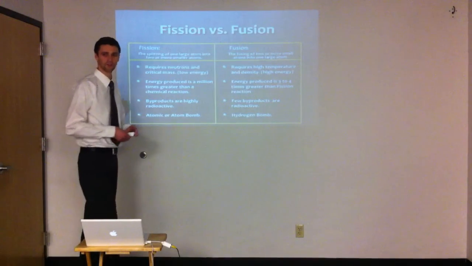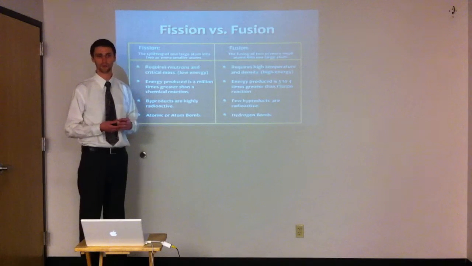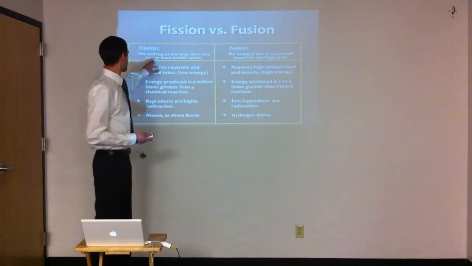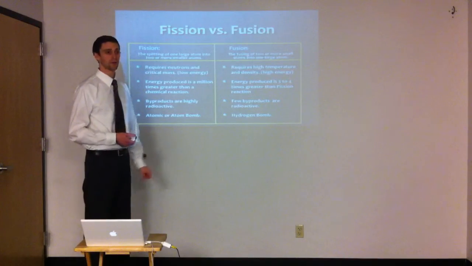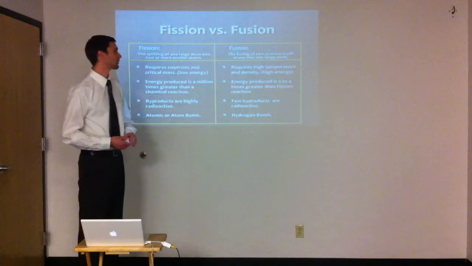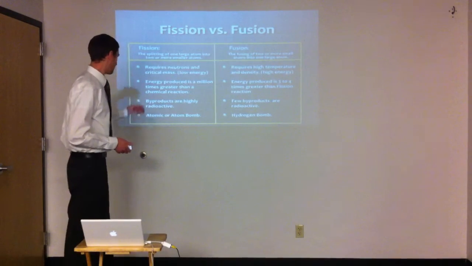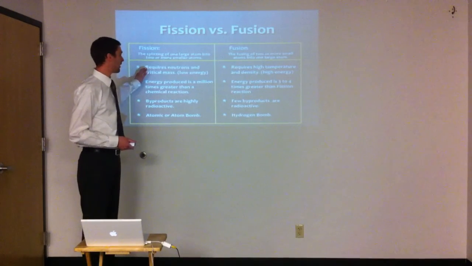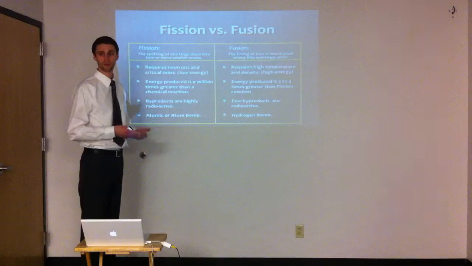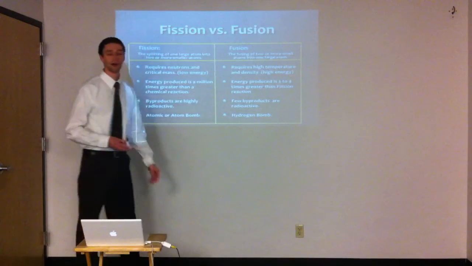But before we go on, I just wanted to clarify the difference between fission and fusion. As we already talked about, fission is the splitting of atoms, and fusion is the fusing of two or more small atoms into one large atom. So the differences here: fission requires a low amount of energy. We just need to hit it with those neutrons and have it split, whereas fusion requires a lot of energy.